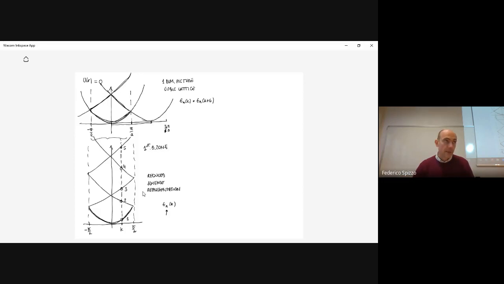And the same happens if you consider the levels that correspond to n equal to 2, because for n equal to 2, you have always the levels that belong to these two parts of the branch.